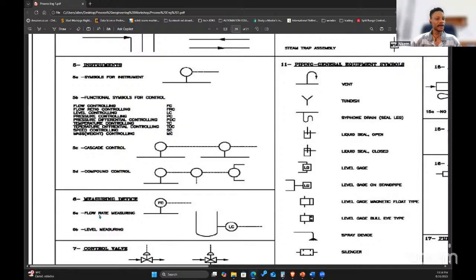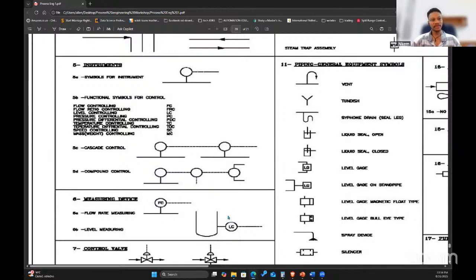So you have flow. In this case, this is FC. This is LG. LG is a level gauge. There's a difference between a level gauge and a level transmitter, but don't worry, I'm going to show you images of these things.